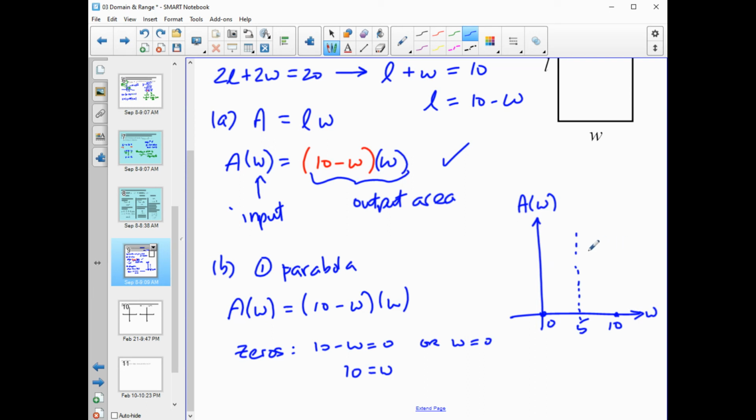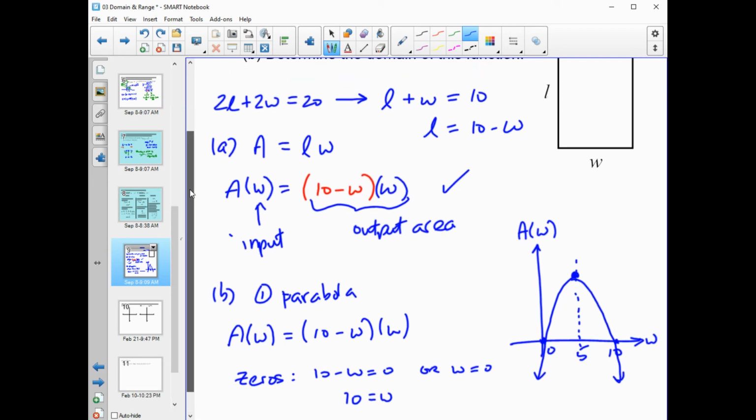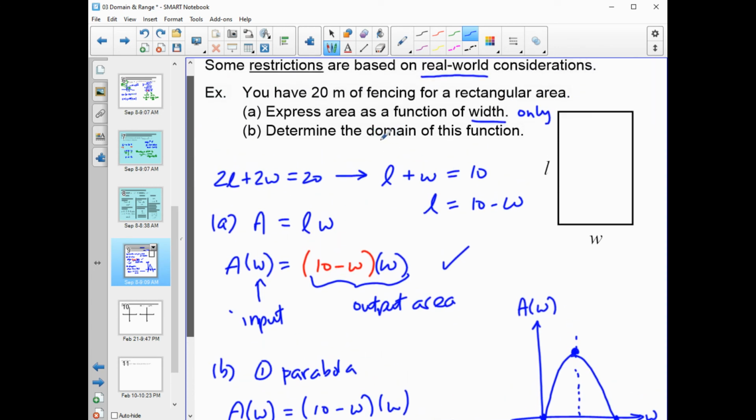That tells me that this parabola opens down, and so it's going to look like that. Now, we could go further with this, and in some questions you might be asked what the maximum value is, etc. But in this question, the question wants to know what is the domain of the function.